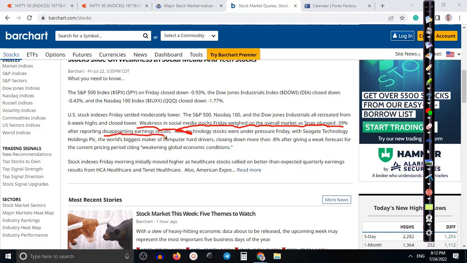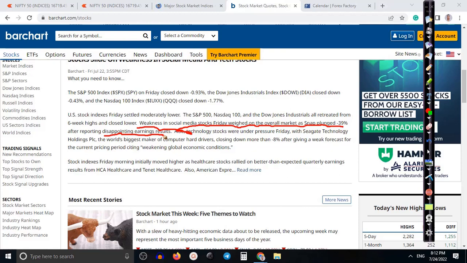Most of the social media stocks' earnings were disappointing, all are negative. That is why the US market is negative.